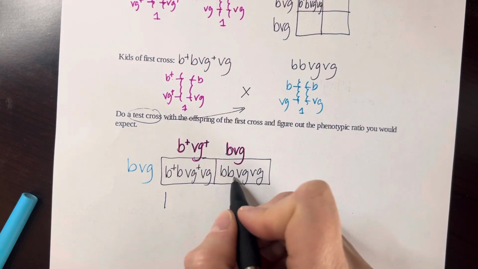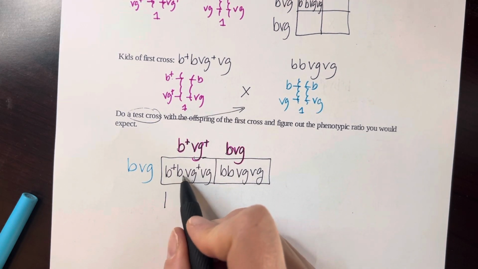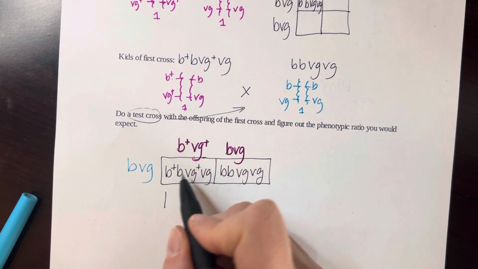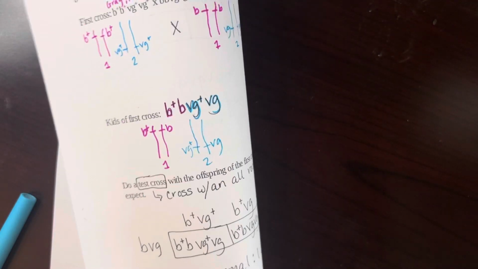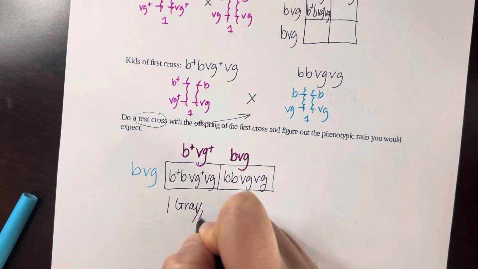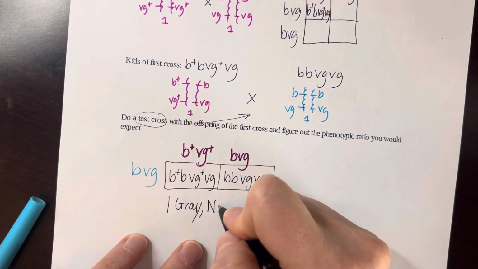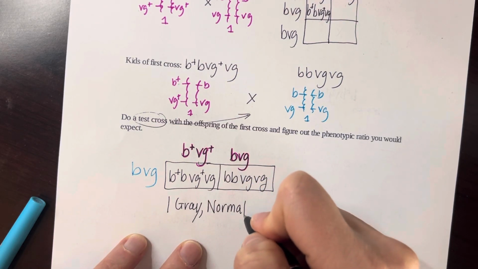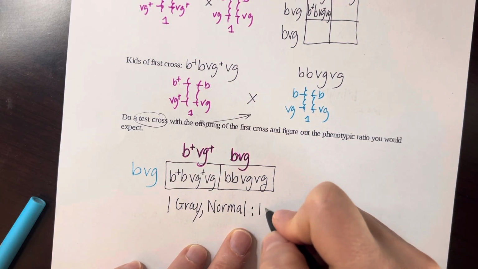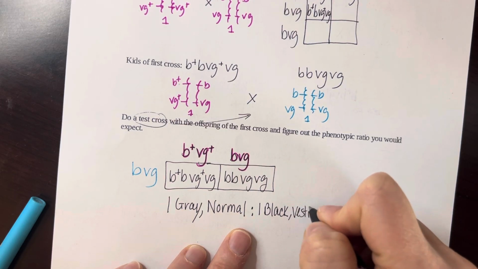It's going to be a 1-to-1 ratio. When you're looking at this, they're going to have the 2 dominant traits. So B plus, if we look over there, that was gray, right? So 1 gray bodied, and the VG plus, which was normal wings. And 2, this one here, which is 1 black vestigial.